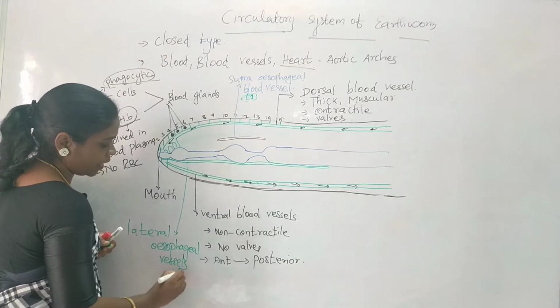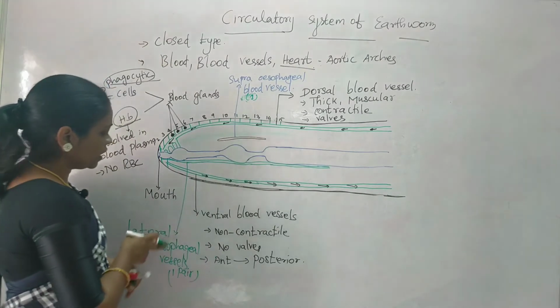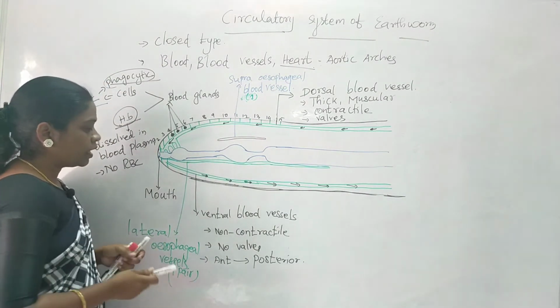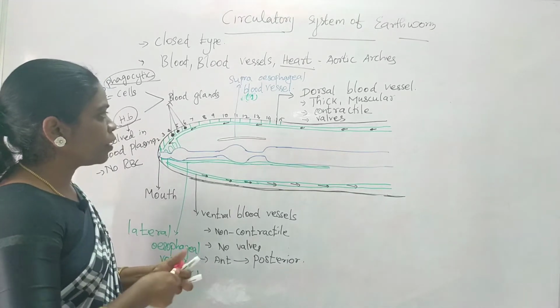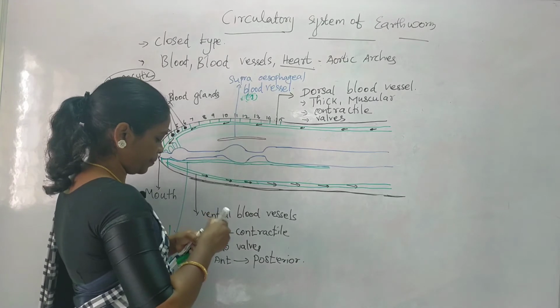You can find one pair of these vessels. This particular pair, the lateral esophageal vessels, runs from the 13th segment.